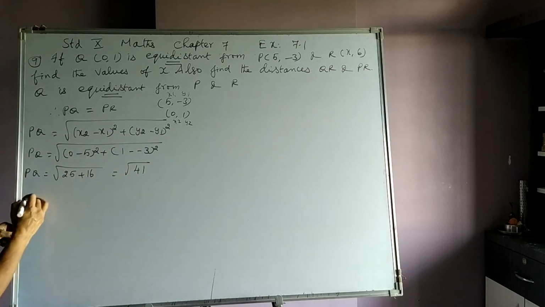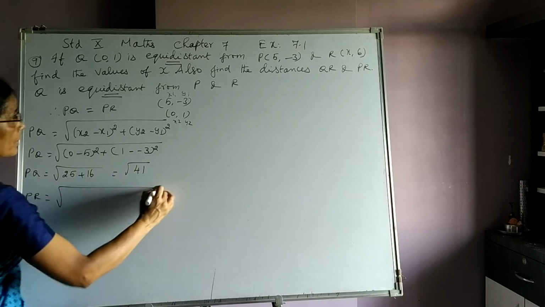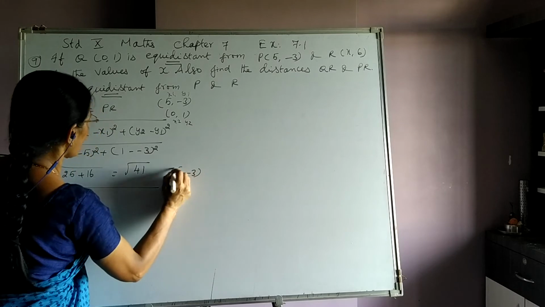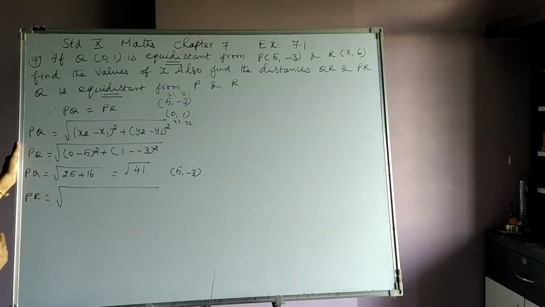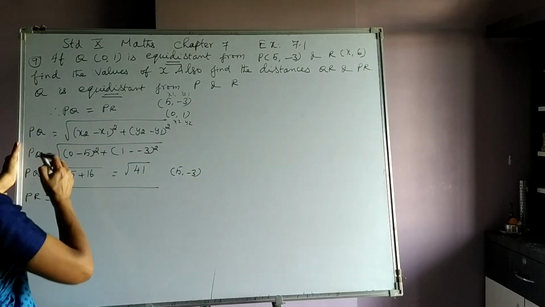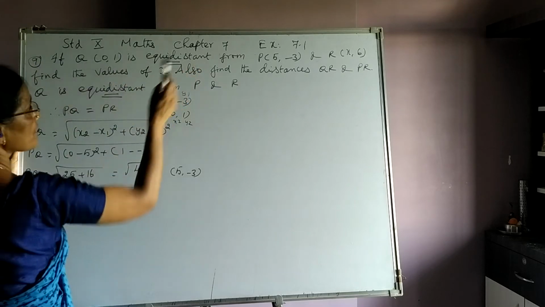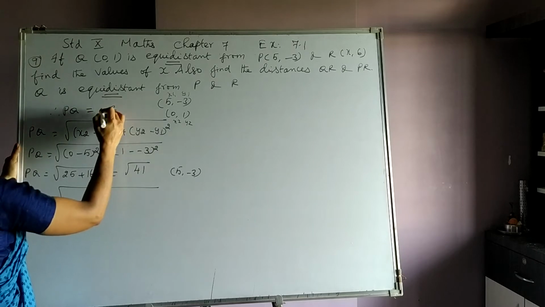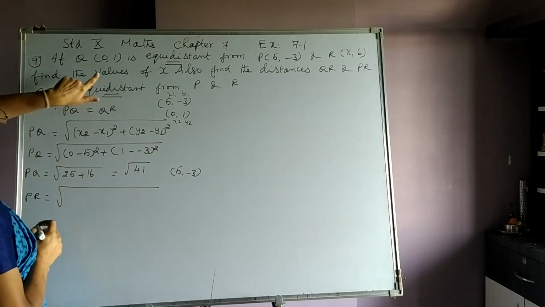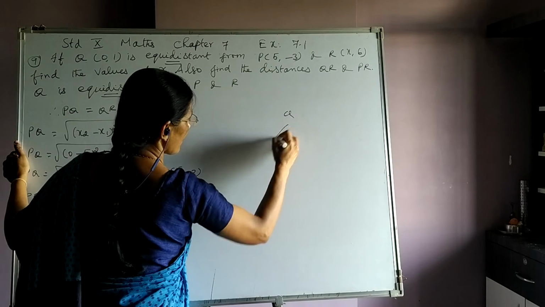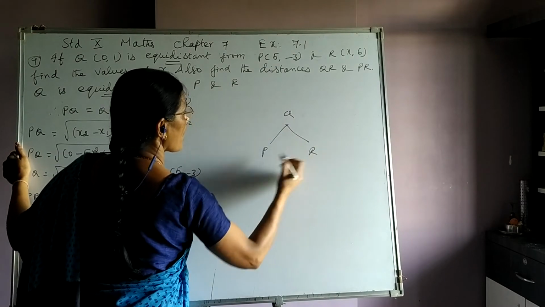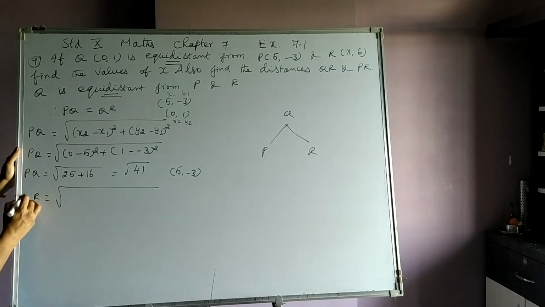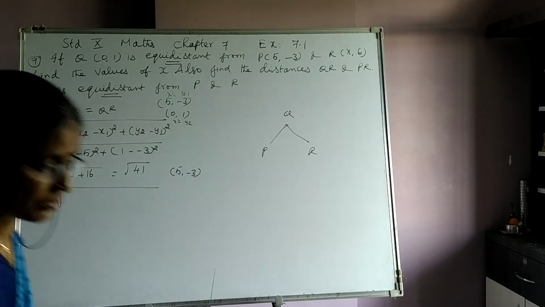PQ we have found. Next we are going to find QR. Q is equidistant from P and R. Therefore, PQ is equal to QR.